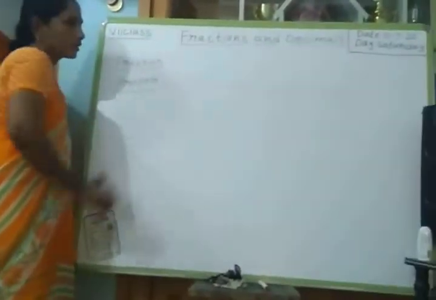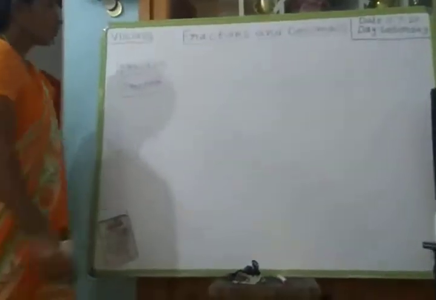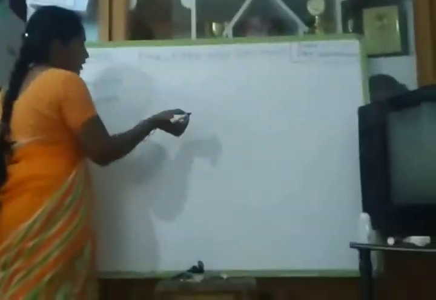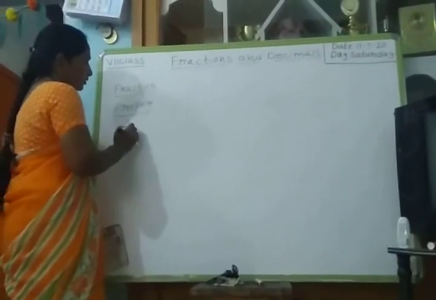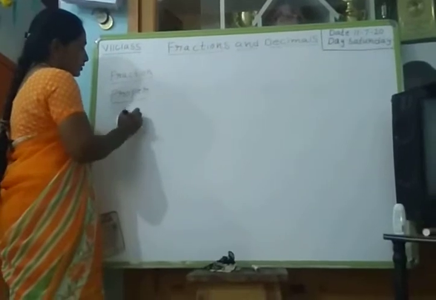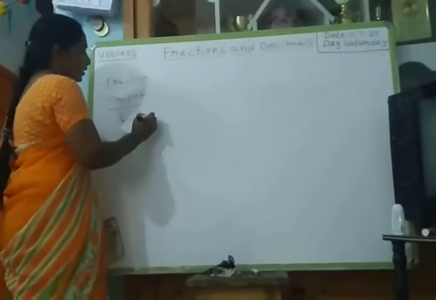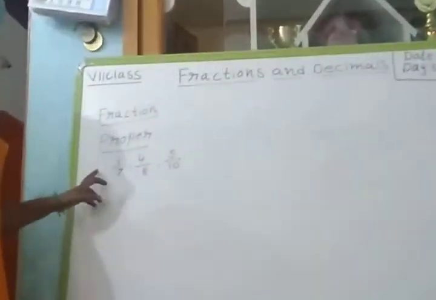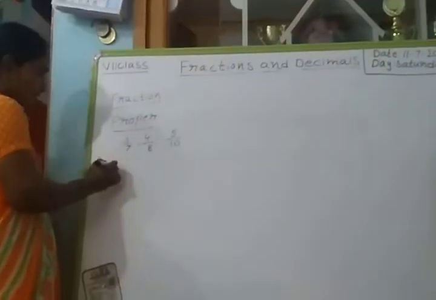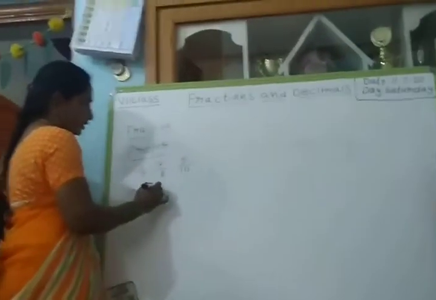Which fractions are called proper fractions? Proper fractions are fractions whose numerator is less than the denominator. Some examples: 3 by 7, 4 by 8, 5 by 10, etc. These are proper fractions.